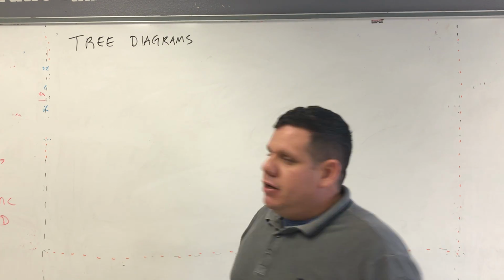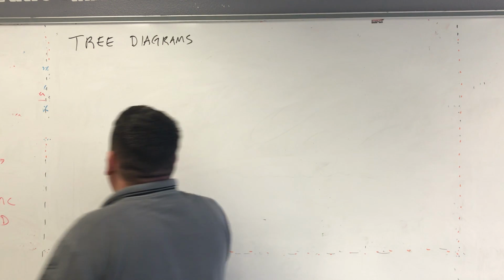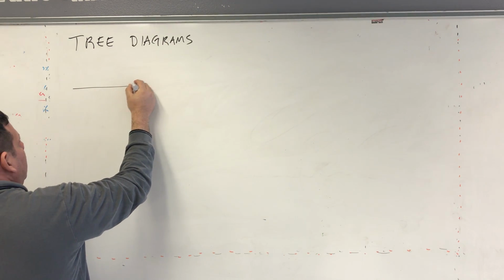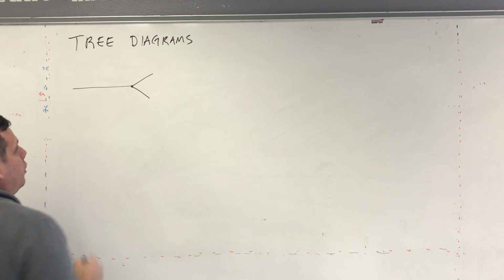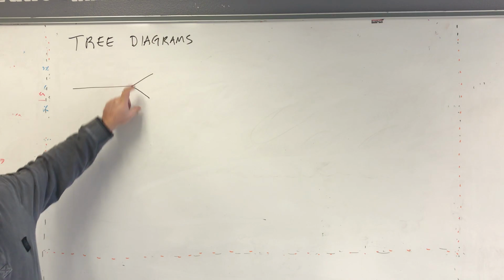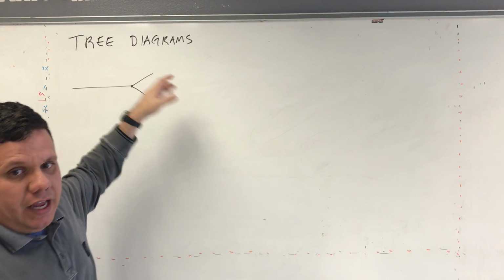Okay, let's start with the first, which is the easiest. So we have the raffle, and we have at the beginning only two options. As you can see, I have the branches. That is the reason why this is called a tree diagram.